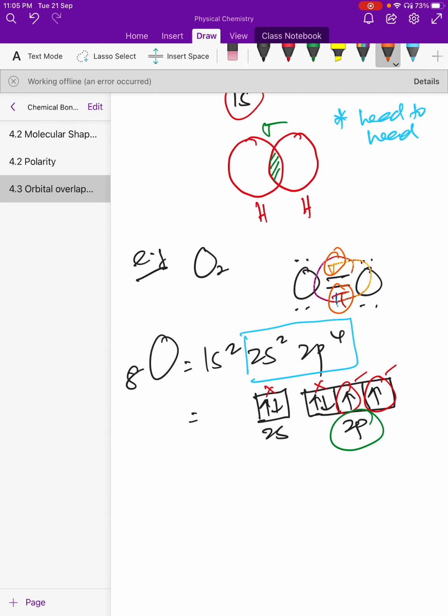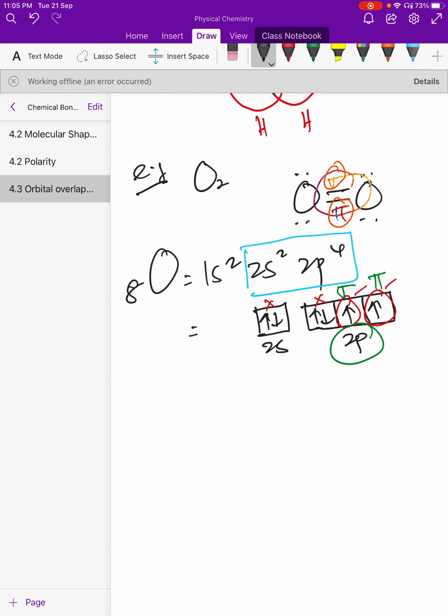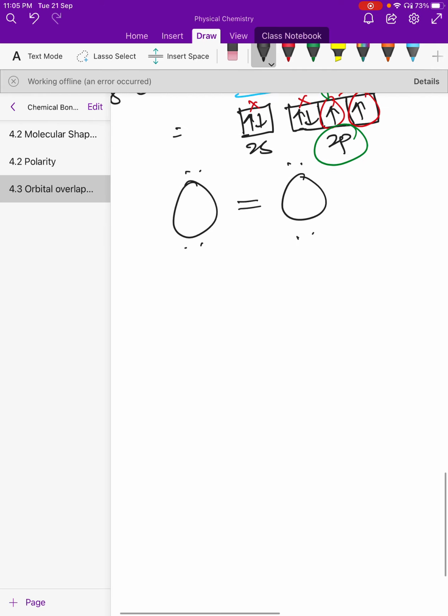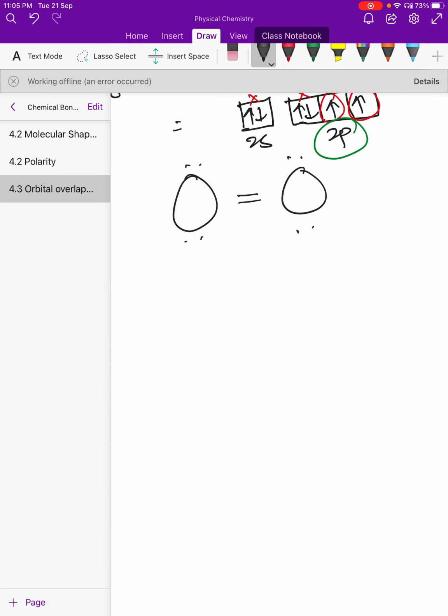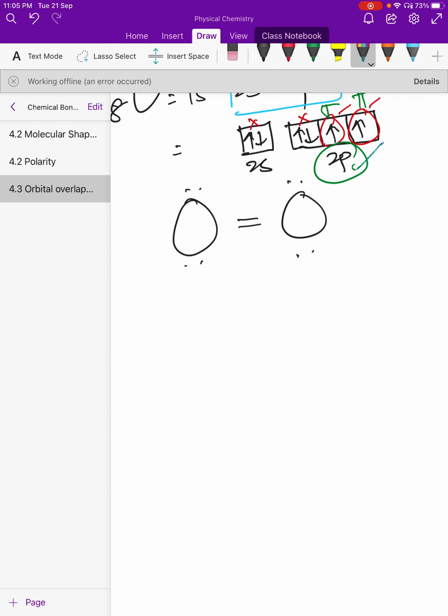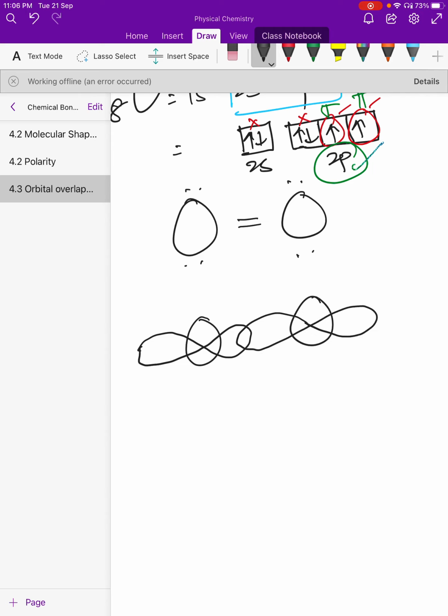So what we will do here is we use the first unpaired electron for sigma, the second unpaired electron for pi. So we draw the oxygen atom. Oxygen, double bond oxygen. We look at the left hand side oxygen. Remember that we are going to draw the p orbital. So first p orbital for the sigma from oxygen on the left hand side, and then oxygen on the right hand side.